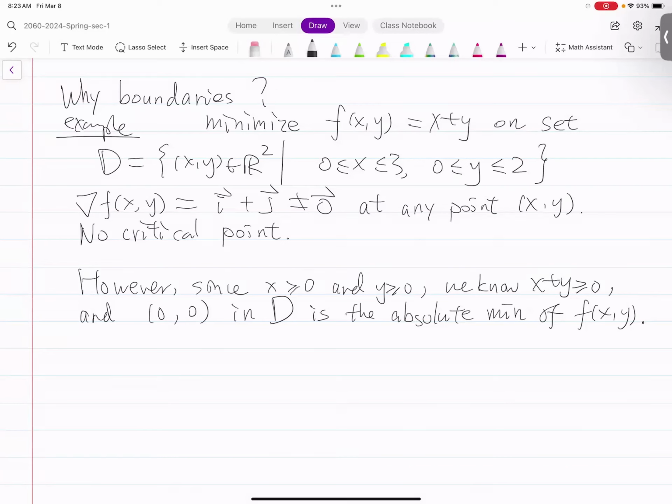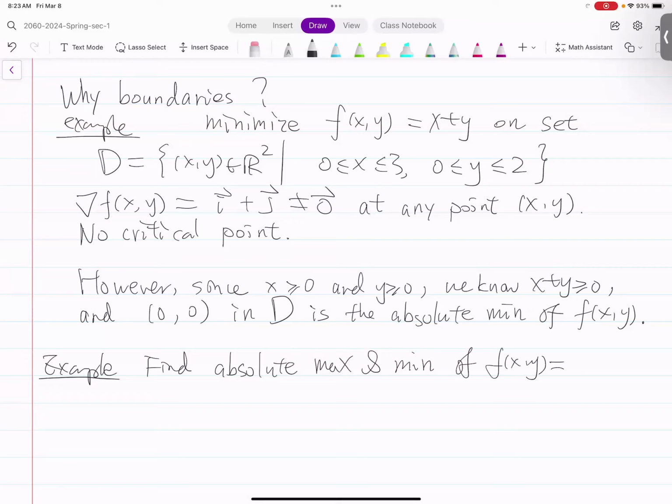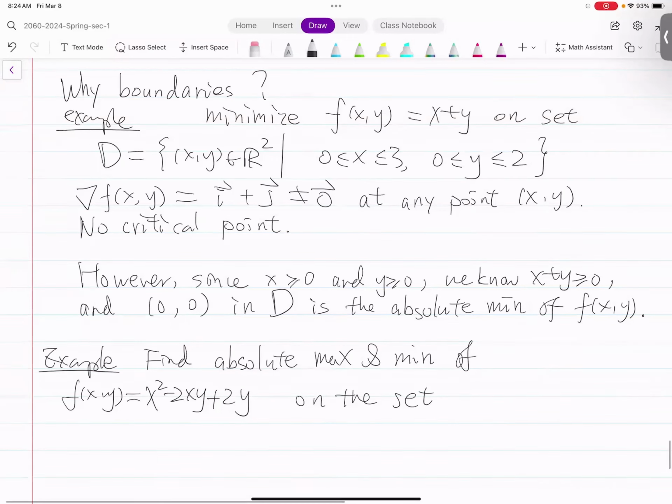So now let's look at a more interesting example. Here we want to find the absolute max and the min of the function f of x, y, which equals a quadratic function: x squared minus 2xy plus 2y, on the set which is the same box.